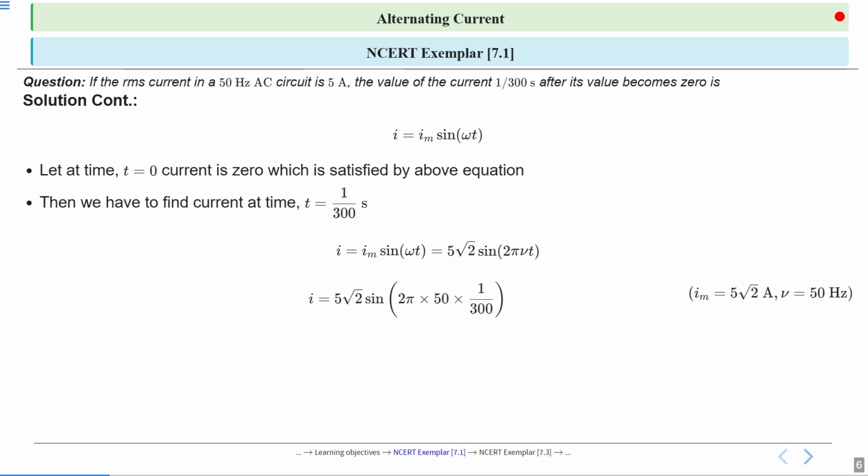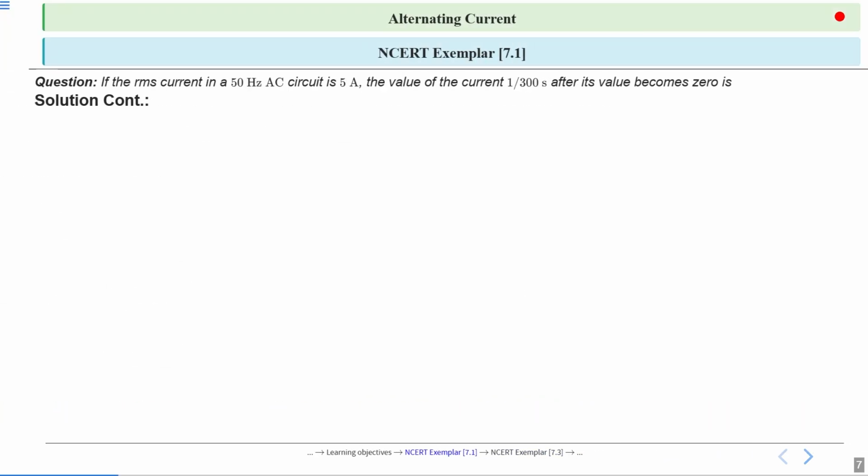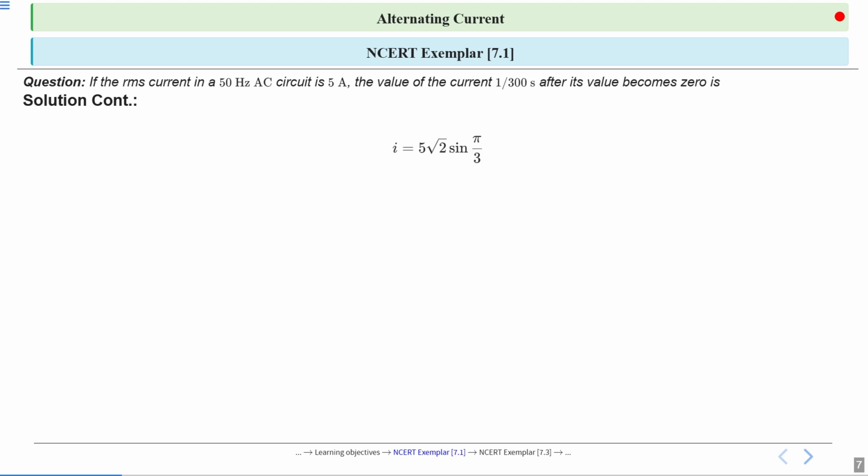So I equal to 5 root 2 sine 2 pi into 50 into 1 by 300. After solving it, it will come out to be I equal to 5 root 2 sine pi by 3. What is sine pi by 3? Pi by 3 is 60 degree. What is sine 60 degree? Root 3 by 2. Okay, so put the value of sine pi by 3, or we can say sine 60 degree.